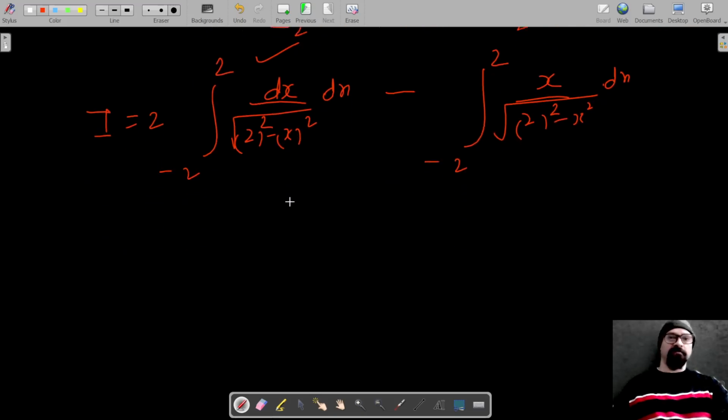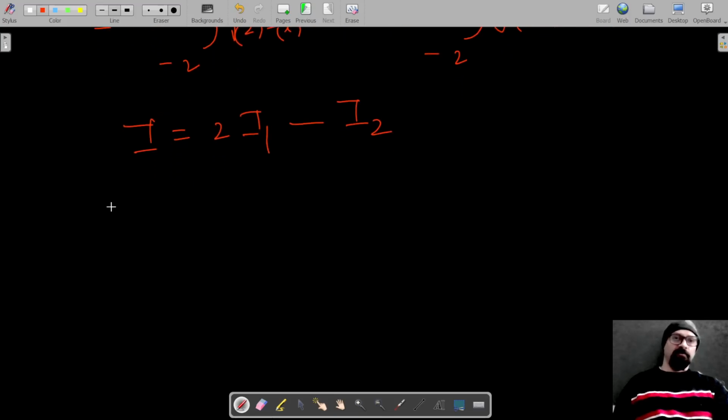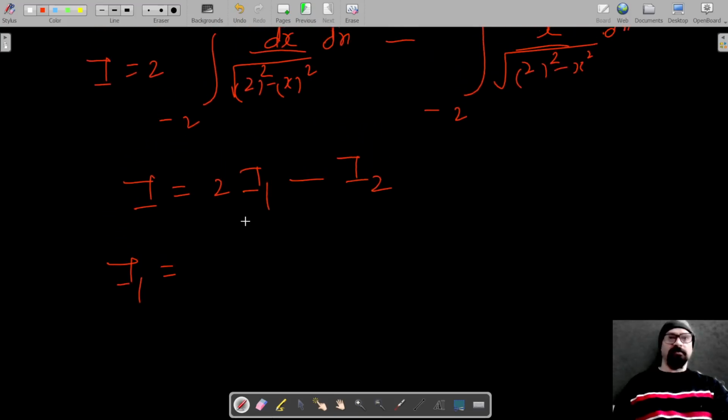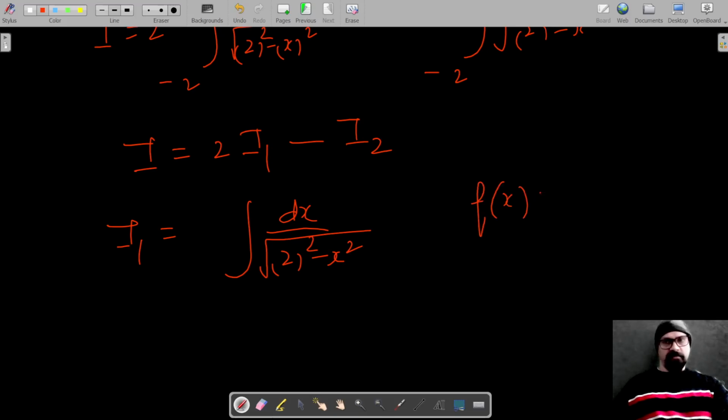Now let's consider this function as I1 and the other one as I2. So I1 is integration of dx upon under root 2 square minus x square. Our function is f of x, that is 1 upon root of 2 square minus x square.